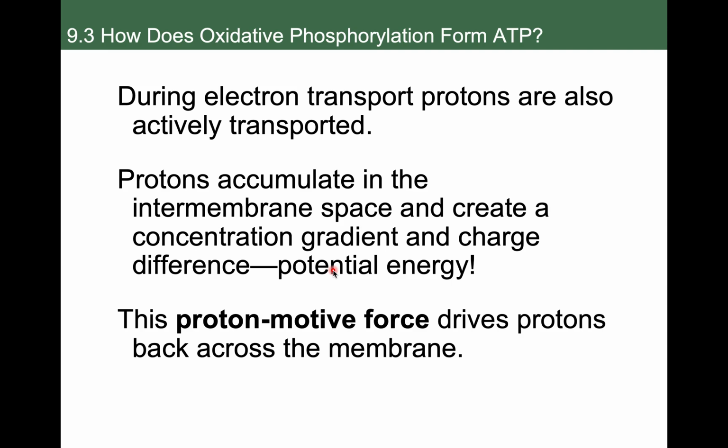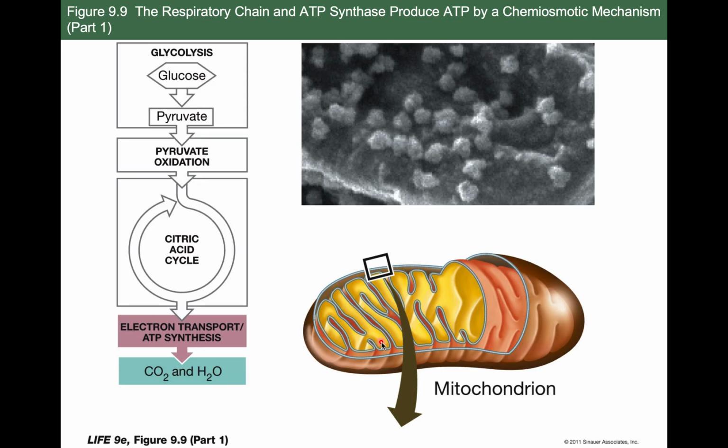And so we're going to build up a bunch of these protons in what's called the inner membrane space, so the space between the outer mitochondrial membrane and the inner mitochondrial membrane. And that buildup of protons there has a lot of potential energy. It's called proton motive force, and we're going to use that to actually make our ATP.